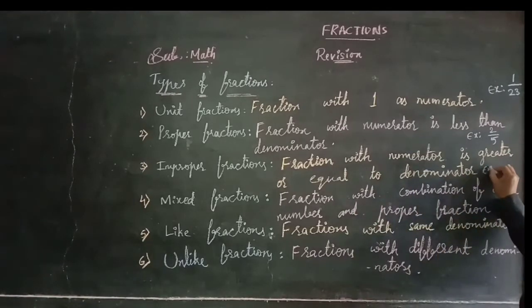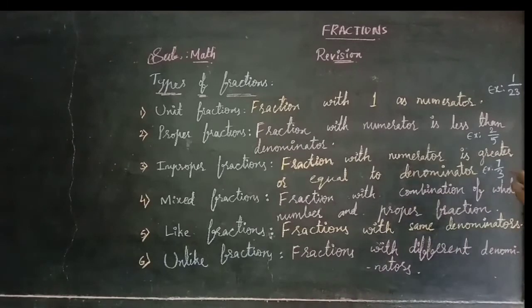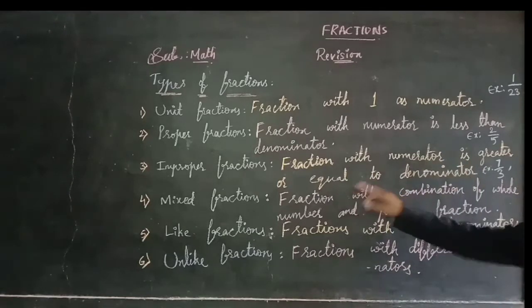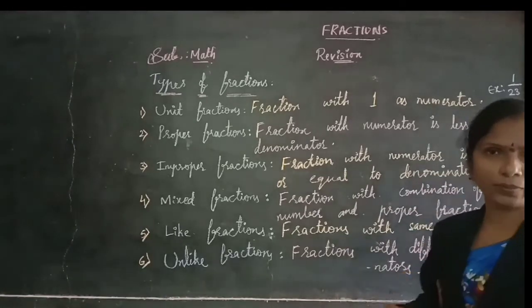Let's see the example, children, 7 by 3. 7 is greater than 3, so it is an improper fraction. You can also take one more fraction which is equal: 5 by 5. See, numerator 5 and denominator 5 are both equal, children. So this type of fraction is also called an improper fraction.